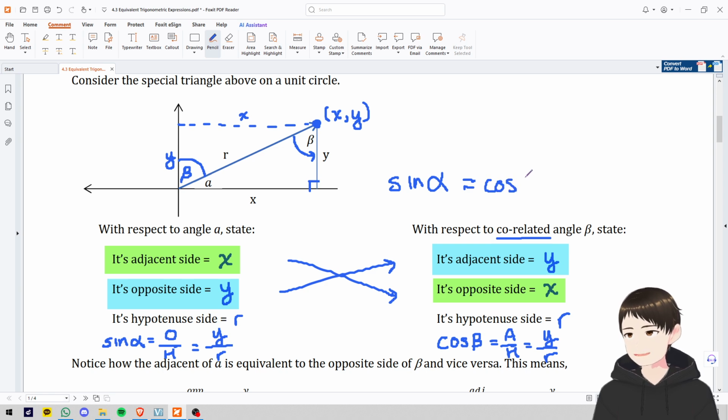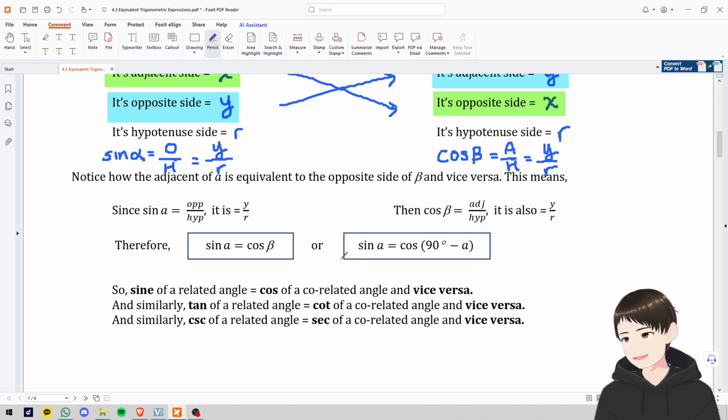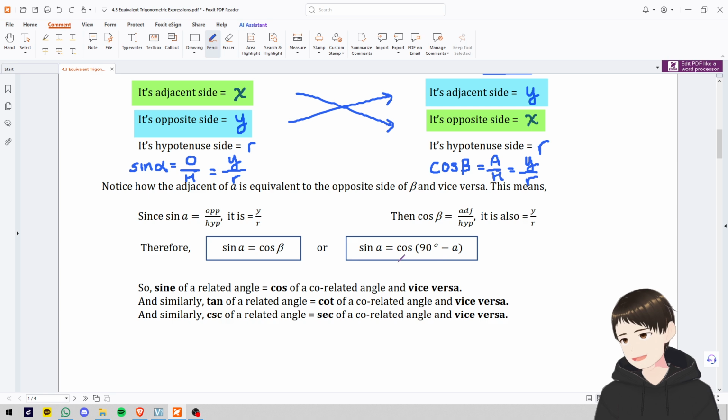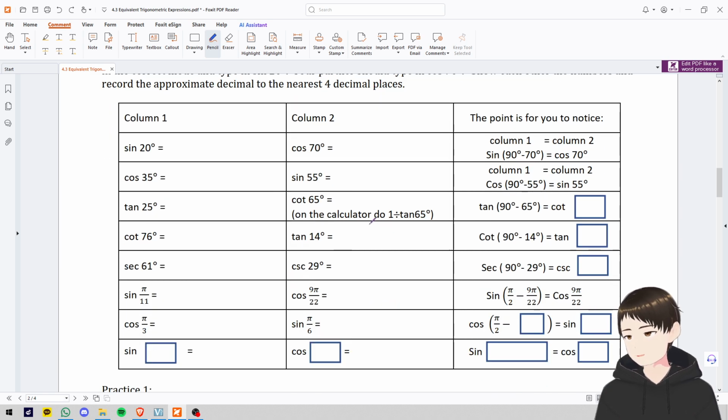Okay, so with your desk mate, I'm going to ask you to do something. So this is the idea that if you have sine A equals cosine B, sine A is the same as cosine of whatever my angle is subtracted from 90, which is B. Okay, so you'll get a chance to see where I'm getting with this. But I want you to observe. So you and a friend are going to choose between column 1 and column 2.